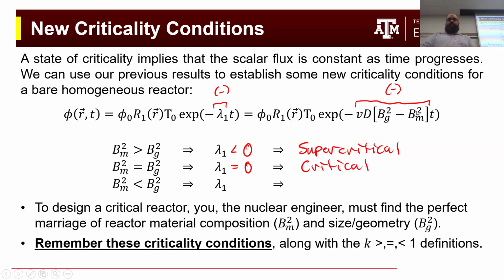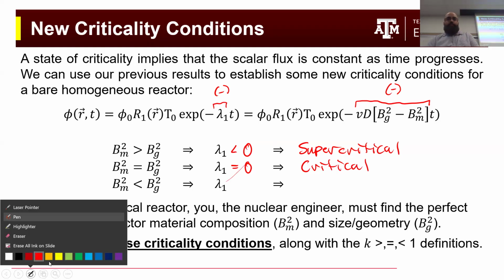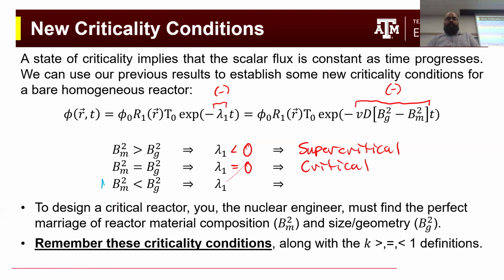And then the last way that we could think about this would be if BG squared was greater than BM squared. In that case, this quantity here becomes positive, which means lambda 1 is also positive. So that would mean lambda 1 is greater than 0.